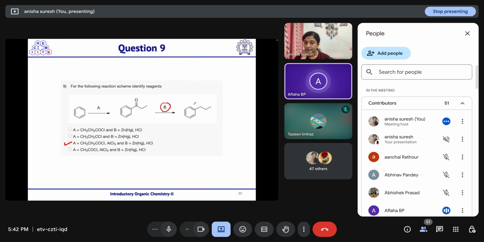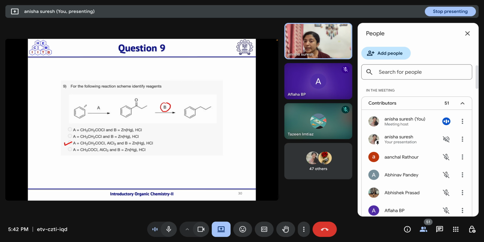Friedel-Crafts acylation reaction is taking place. Since we are having an ethyl ketone, we have to use this acid chloride as the starting material. This acid chloride in the presence of AlCl3 will form an acylium ion.